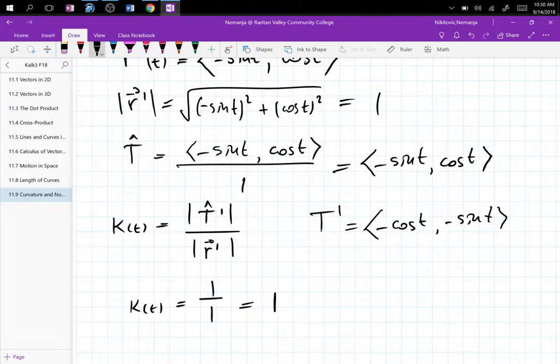Since I don't have ice and ice skates, I'll use this instead. Circle, circle, circle, circle. This one is going to curve much less than that one.